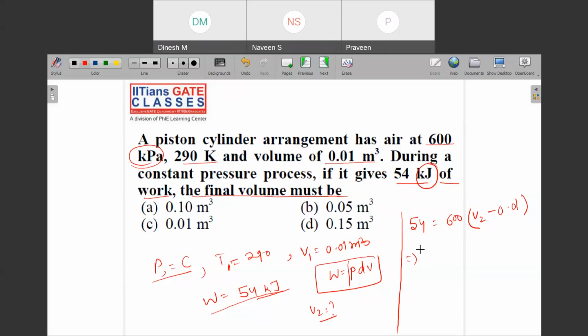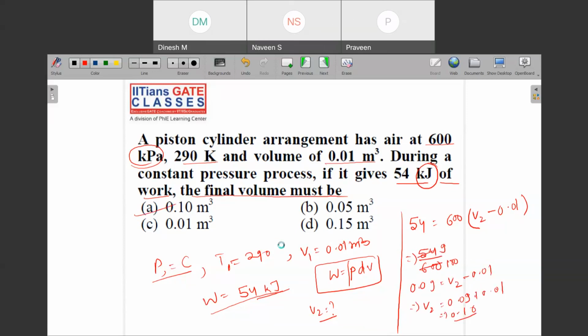Okay, so this is 54 divided by 600, which is nothing but 6 nines over 600, so this is 0.09, equal to V2 minus 0.01. So V2 is 0.09 plus 0.01, which becomes 0.10. So the A option is correct. I hope all of us are getting it right.